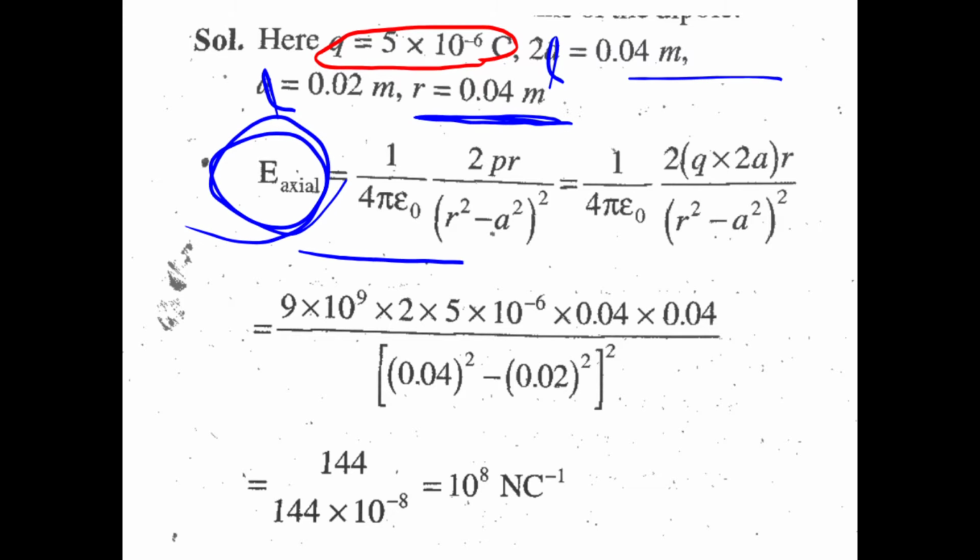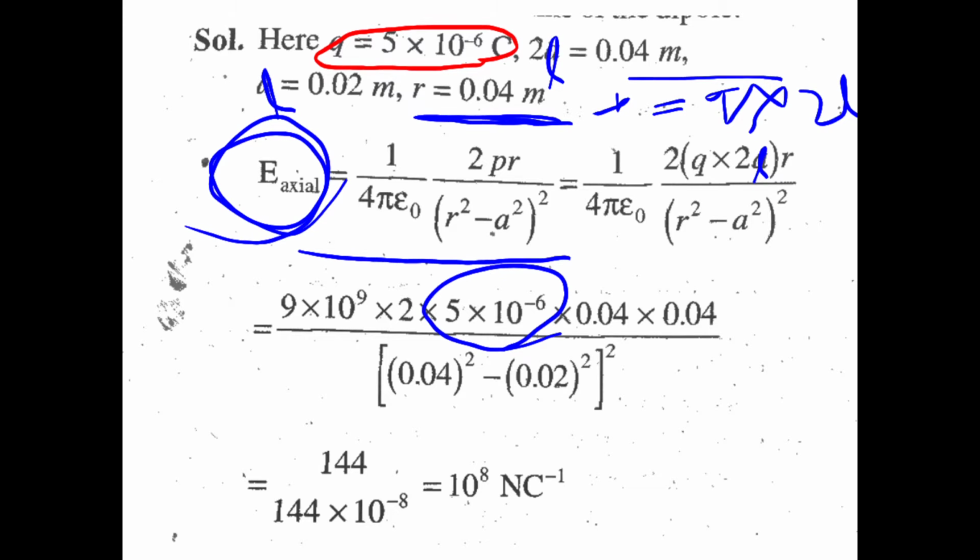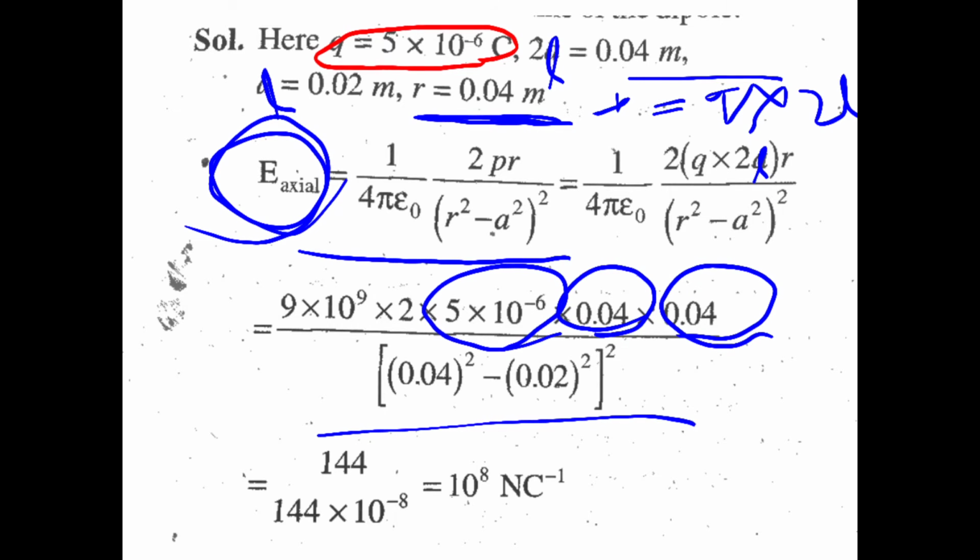Putting the value, the electric dipole moment p is equal to Q into 2L, that is equal to, putting the value, 9 into 10 to the power 9 into 2 into 5 into 10 to the power minus 6. This is the charge, this is the dipole length, and this is the distance between the observation point and the midpoint of the dipole, and we get this, and this will be the answer.